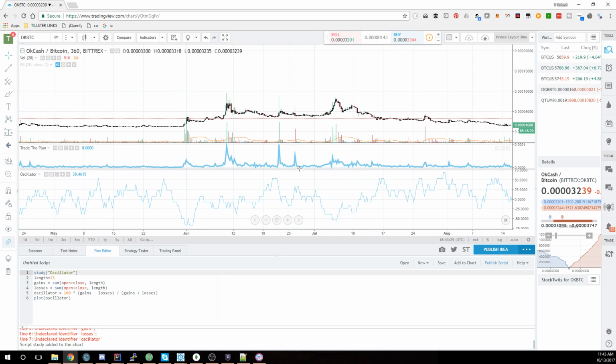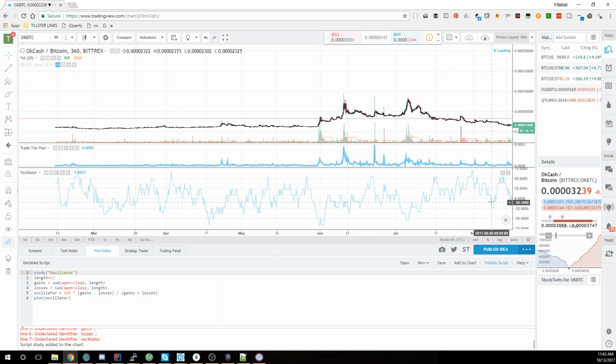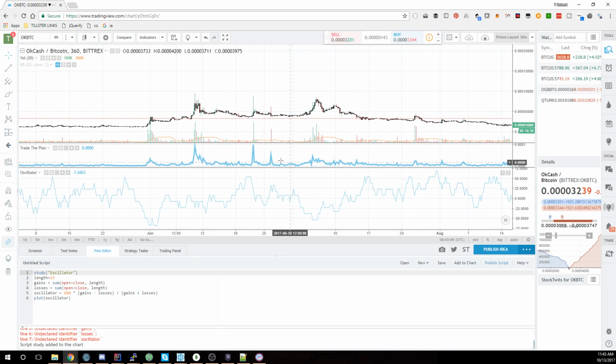What we've done here is we've shown an actual oscillator over a 100% range. And we can see that when our price gets nice and spiky, we move above the 50 line. And when our price gets real low here, we move down below the 50 line right here.